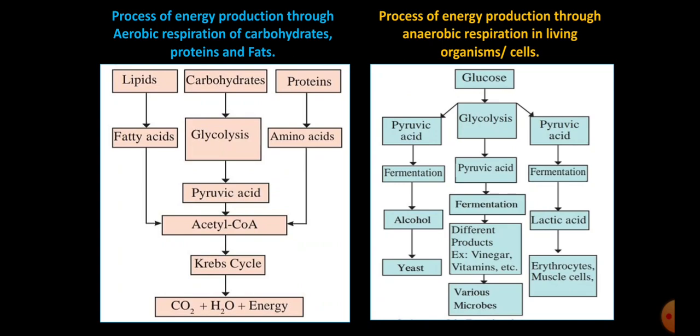And the pyruvic acid, which is produced in glycolysis, is converted into other organic acids, or it is converted into alcohol with the help of certain enzymes. And here this process is called fermentation. So this is all about anaerobic respiration, and these are the various steps in the process of anaerobic respiration.